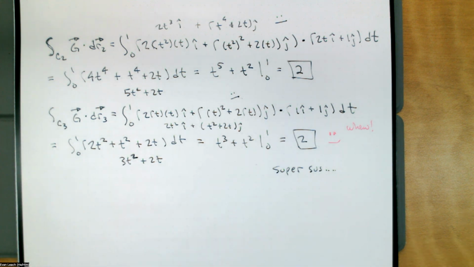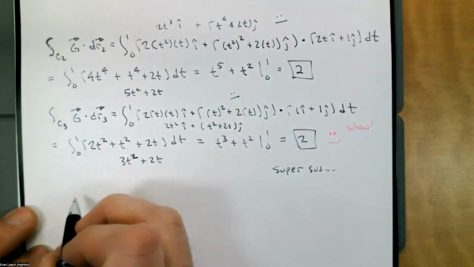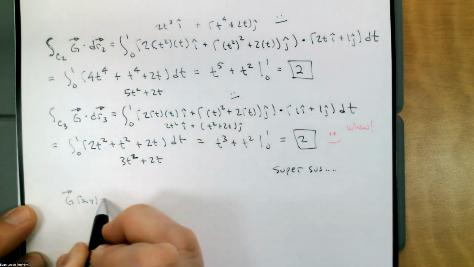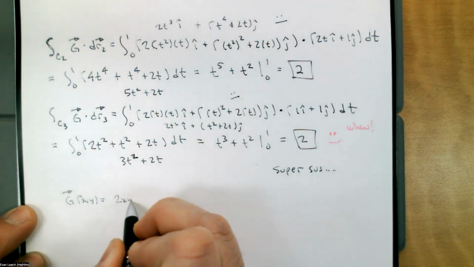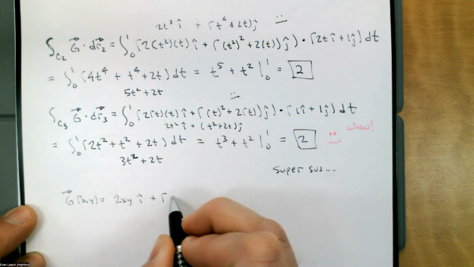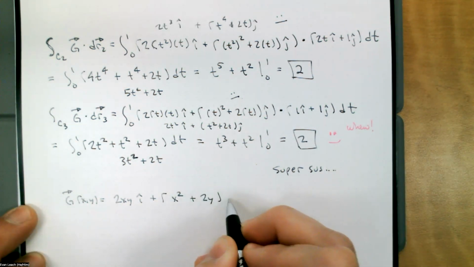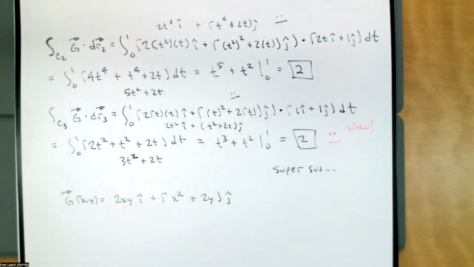So the reason that this worked out the same is that the vector field that I chose, which is 2xyi plus x squared, just x squared, plus 2yj, is a gradient field.